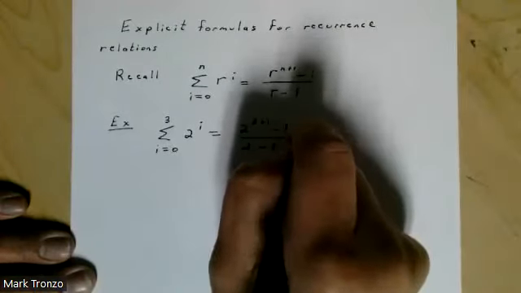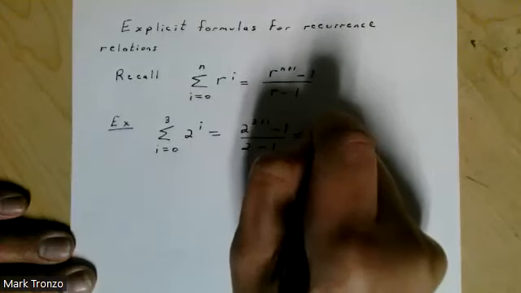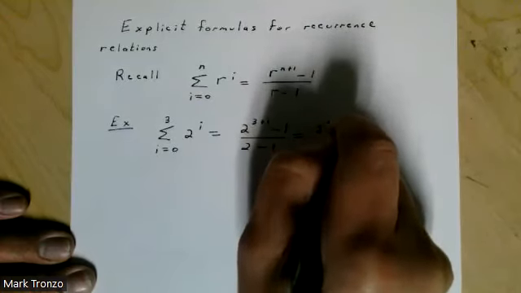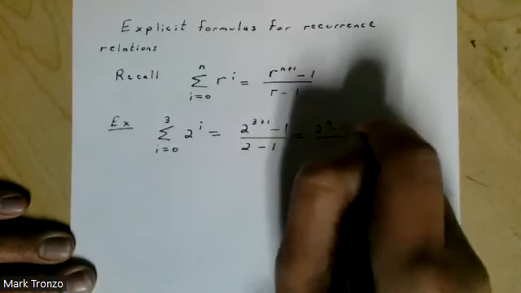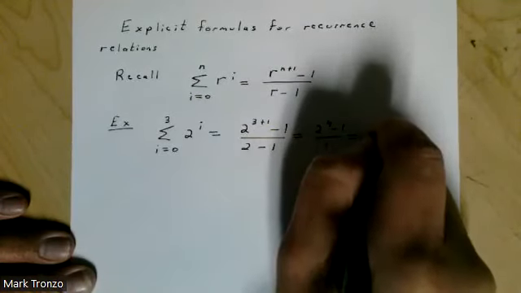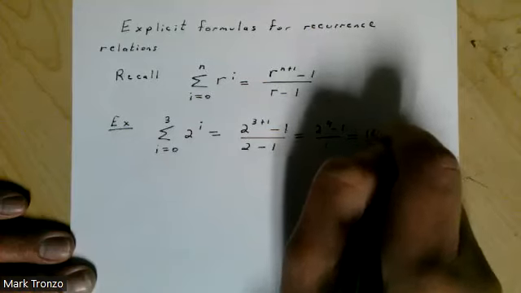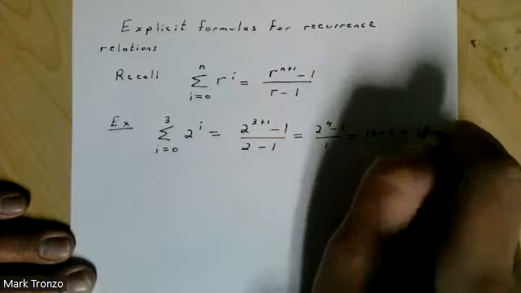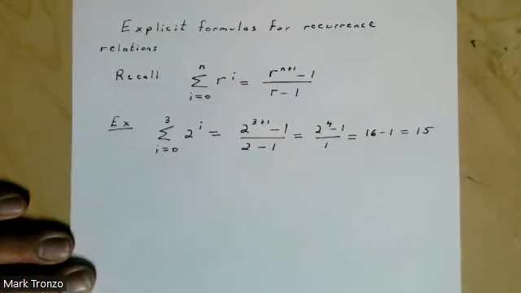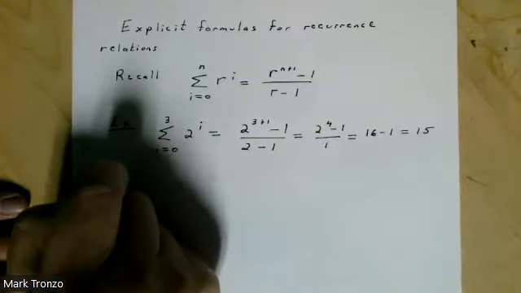And now, of course, what would that be? That would be 2 to the 4th minus 1 over 1. And 2 to the 4th, of course, is 16 minus 1, and that's 15. And we could check this, of course.